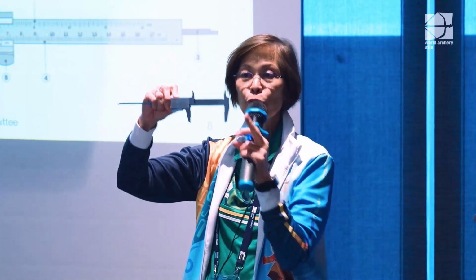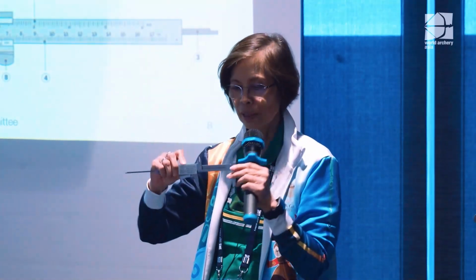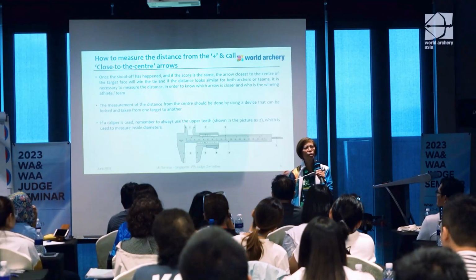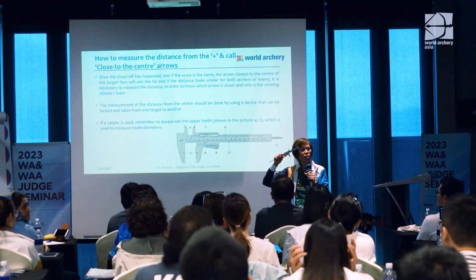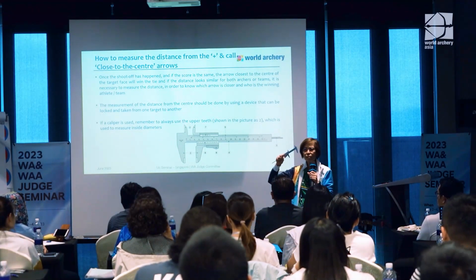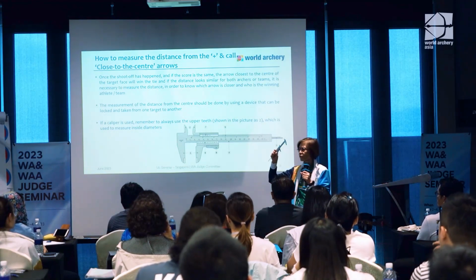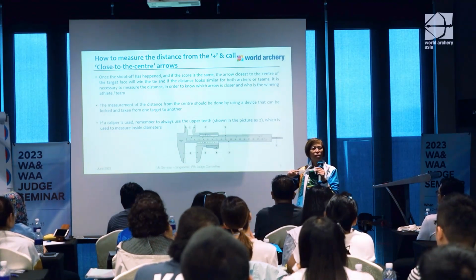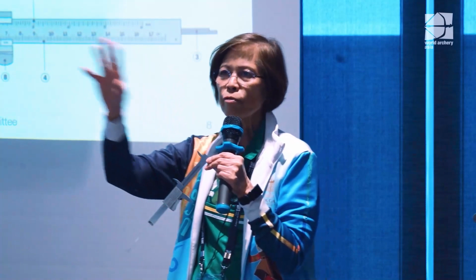If you're using the caliper, remember to use this side up. But do you need to use it all the time? Unless you cannot see the difference. If you can see visibly which arrow is nearer the center, then call it.